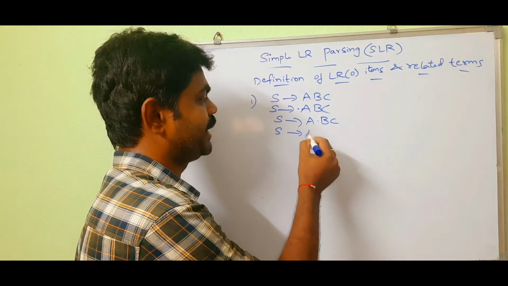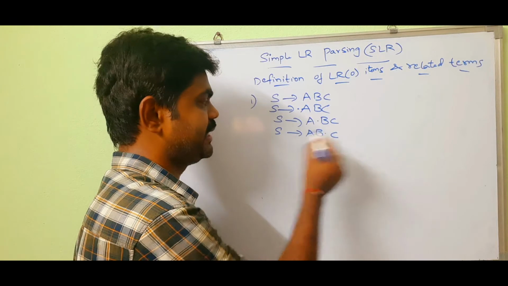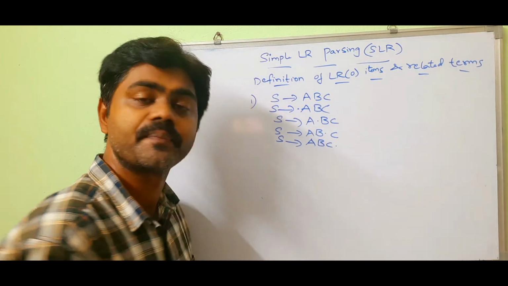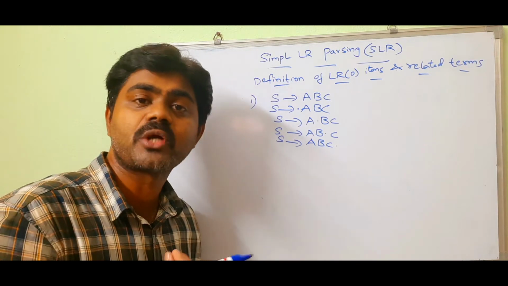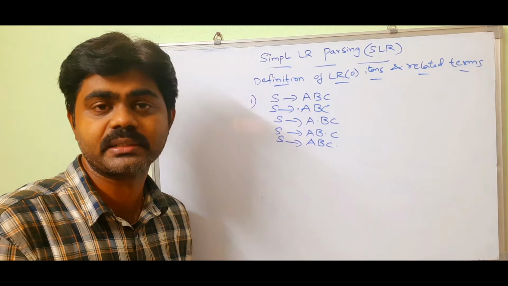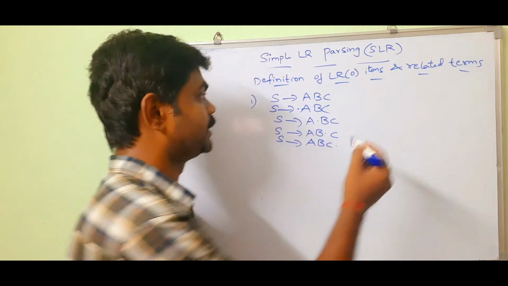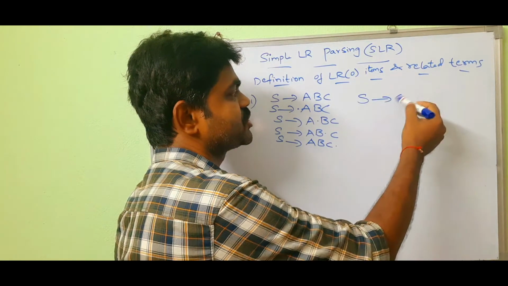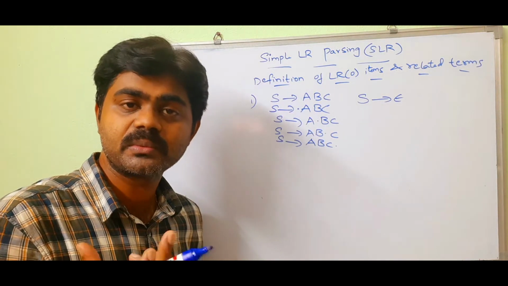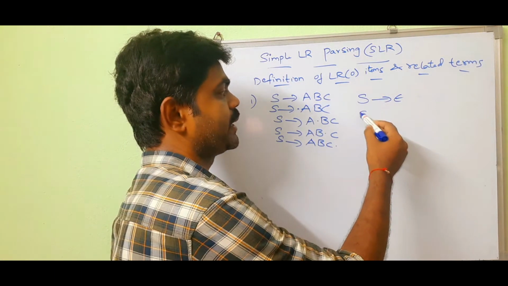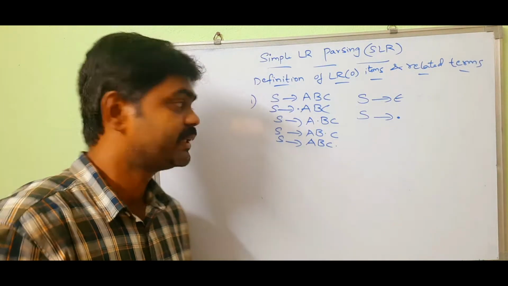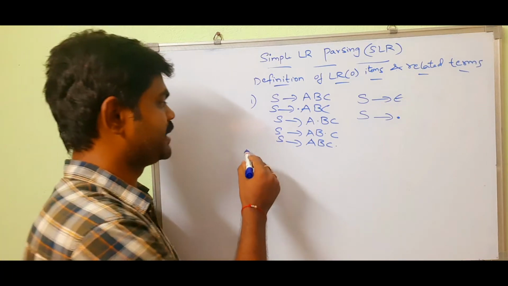Next S tends to AB dot C. Next S tends to ABC dot. At the end of the day, your dot should come to the end of the RHS of your production. If I have the production S tends to epsilon, epsilon is nothing, so we get only one item, S tends to dot. That's it. Next is augmented grammar.